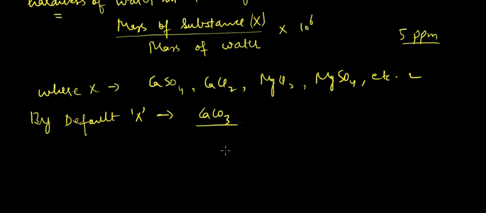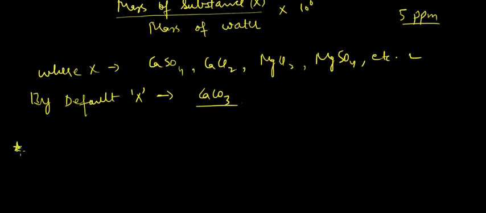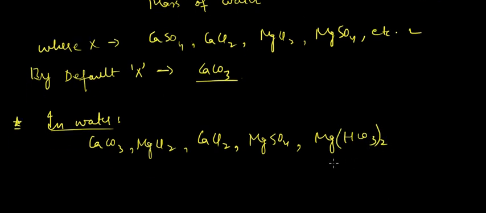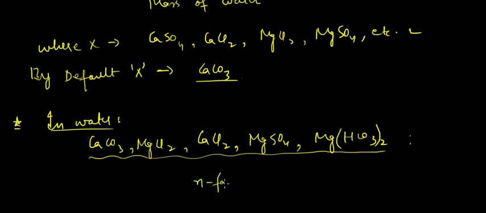Now in water, let's talk about the N factor. In water, the N factor of CaCO3, MgCl2, CaCl2, MgSO4, magnesium hydroxide and bicarbonate is all 2.